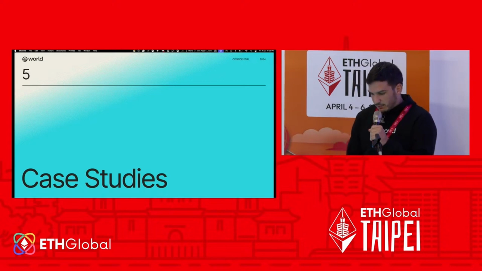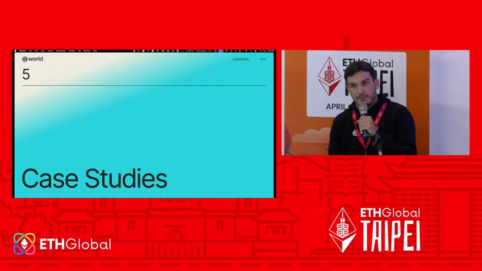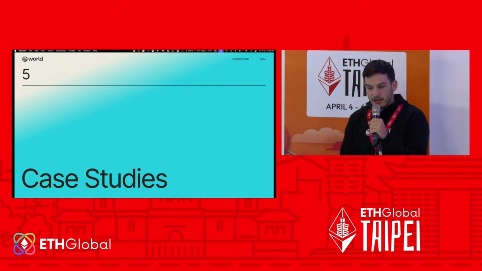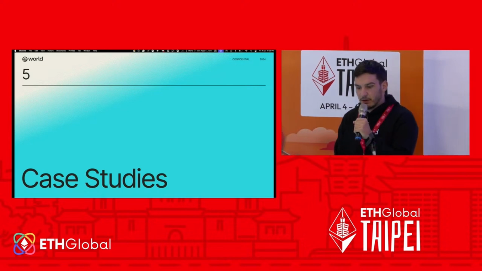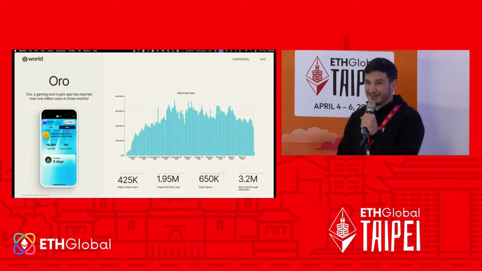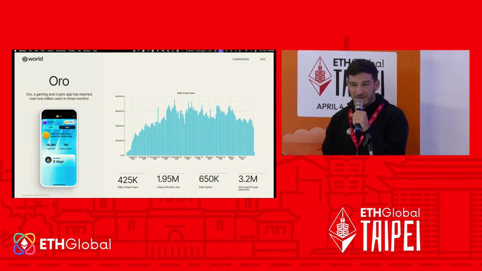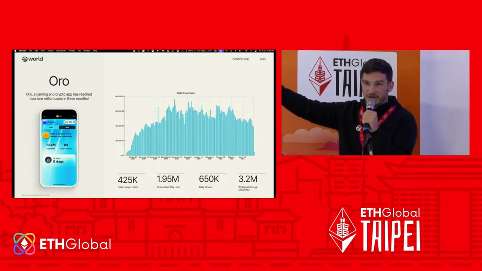Super quick, some case studies I want to show you of mini apps that have great business cases and use cases. Oro, a great mini app. It is a super simple airdrop mini app. They give you this Oro token every day just for being verified.